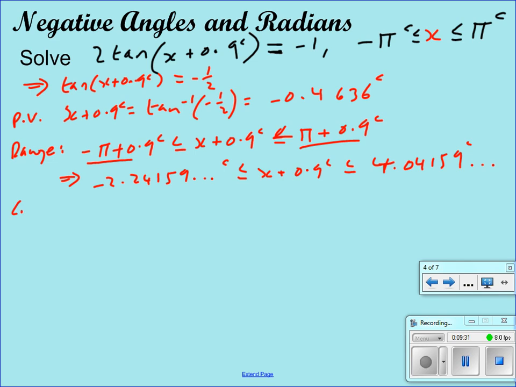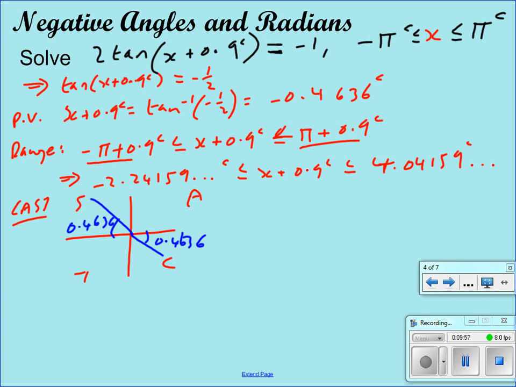So, CAST, all silly tomcats. My principal value is minus 0.4636. We're looking at tan being negative, so tan is also negative in the sine quadrant, so 0.4636. Now solve.